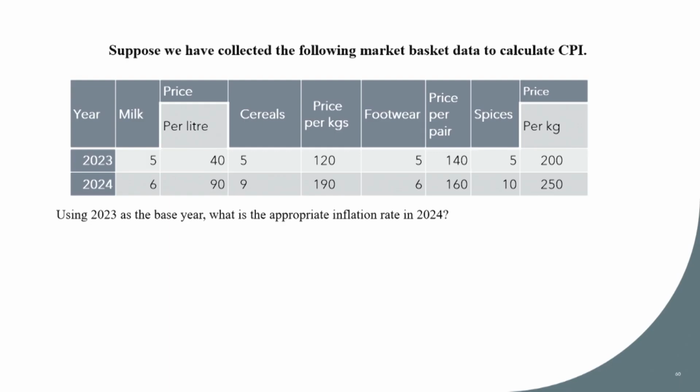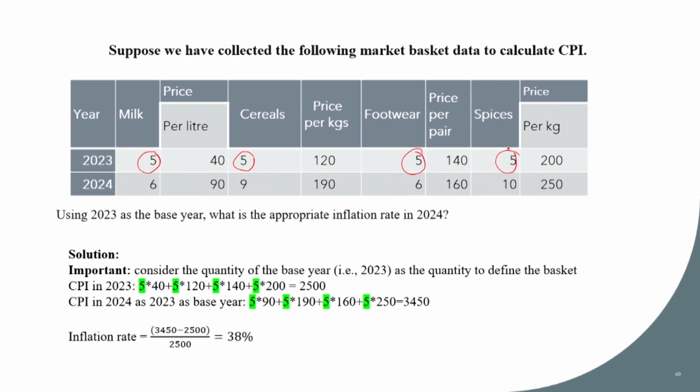So in this case, you use the quantity of 2023 as the consumer basket. In order to define the consumer basket, you can use this as the quantity. So the solution here is to consider the quantity of the base year as the quantity to define the basket. Accordingly, you can calculate the CPI in 2023 as well as the CPI in 2024.